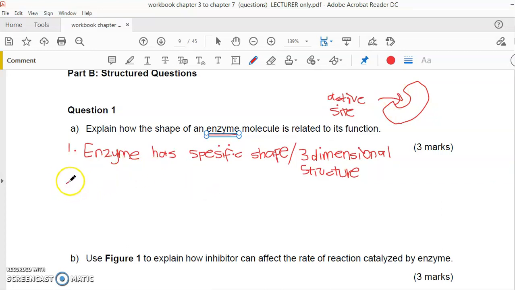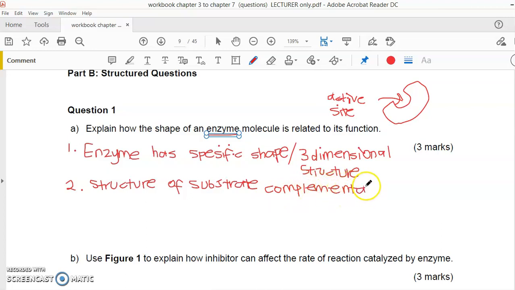Therefore, number 2, we can say the structure of substrate is complementary to the shape of the active site of an enzyme.